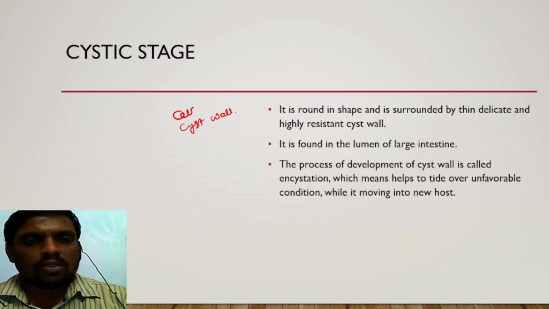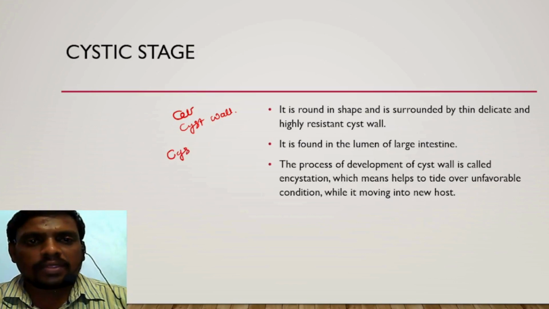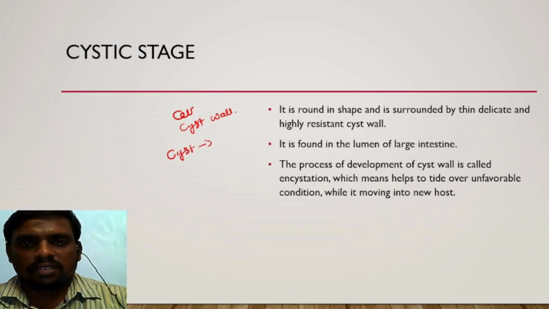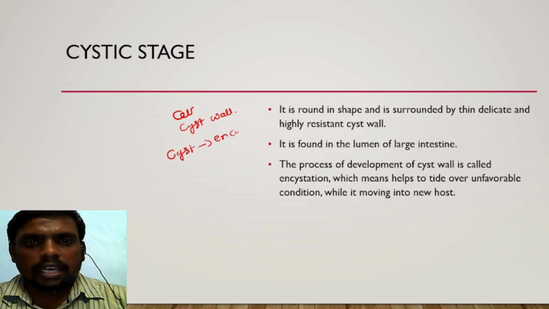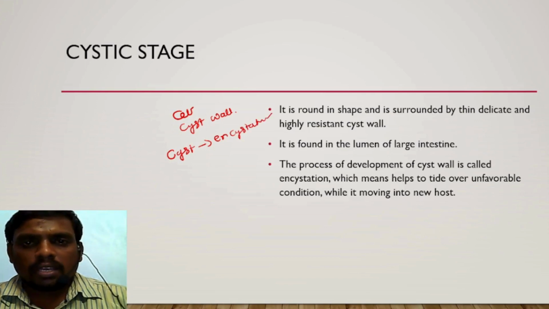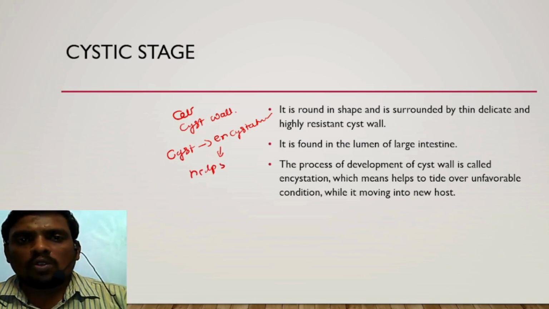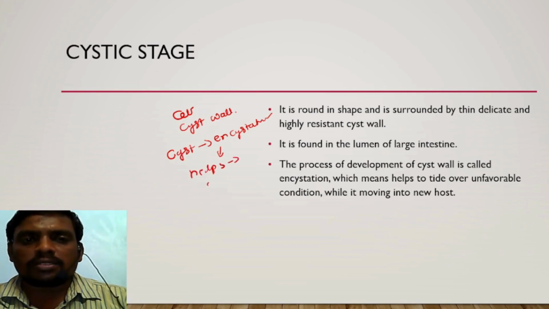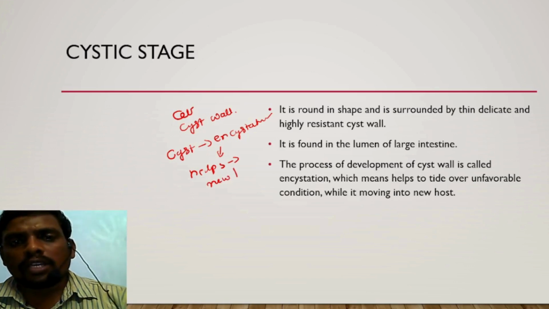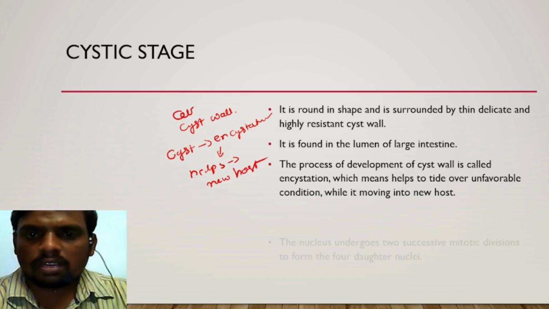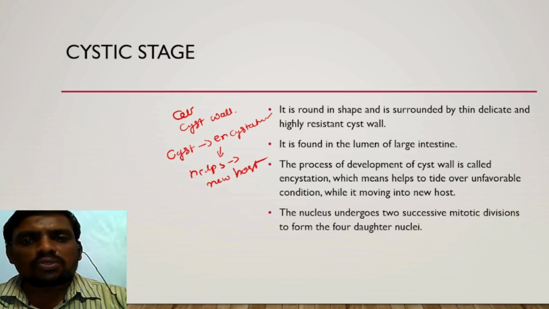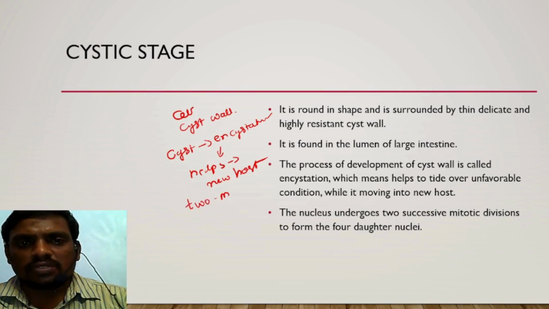The process of development of a cyst around this structure is nothing but encystation. This encystation process helps the parasite to overcome unfavorable conditions while it is entering into the new host. Now the nucleus undergoes two successive mitotic divisions.